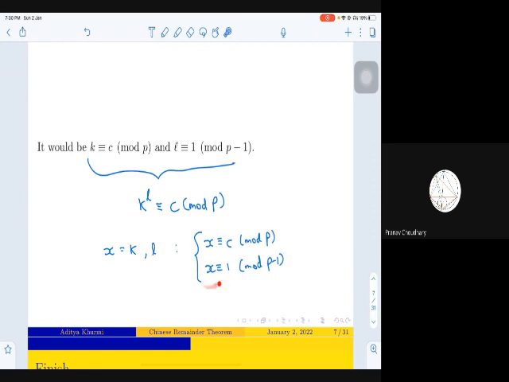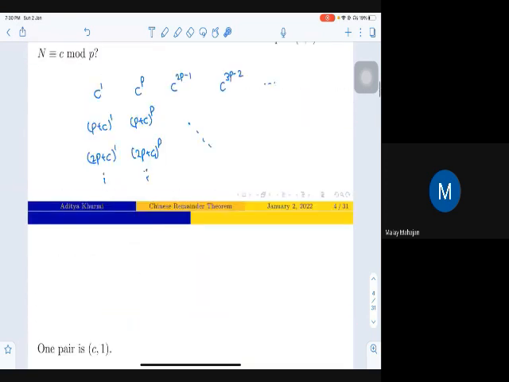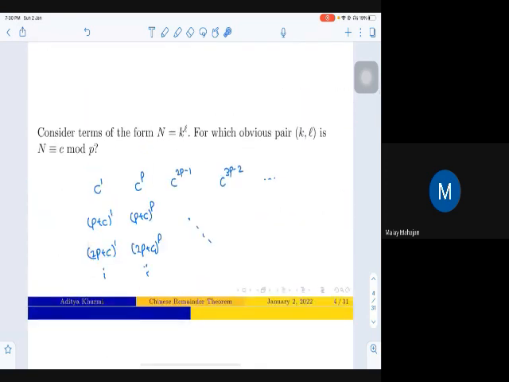And how do we know that this system has a solution? By the Chinese remainder theorem, exactly, because p and p minus 1 are coprime. So this is the idea. This is the table that we make. If we list all the simplest numbers that are congruent to c mod p, we observe that the base moves modulo p, the exponent moves modulo p minus 1.